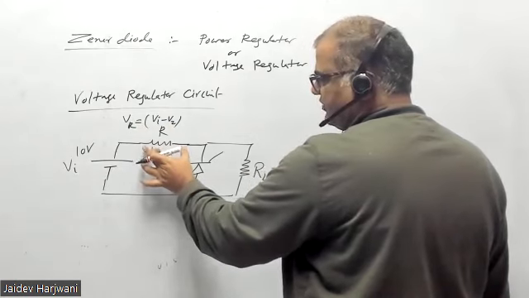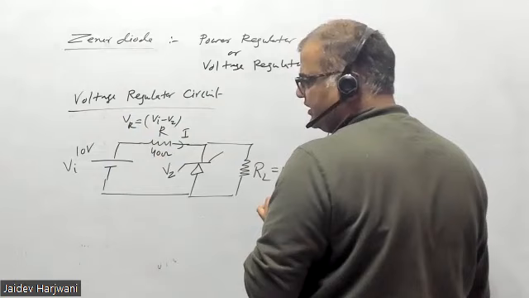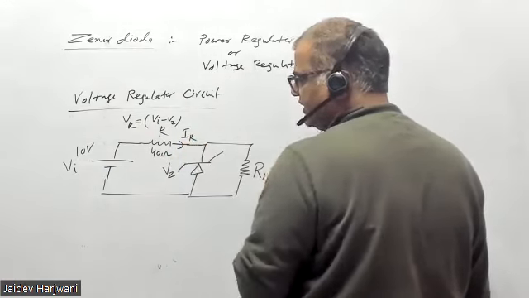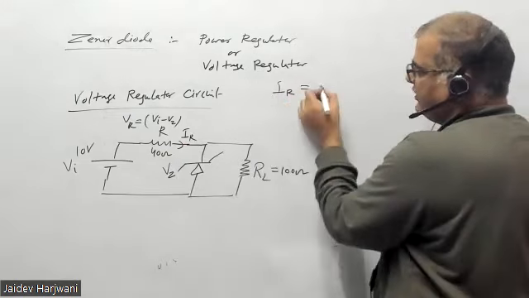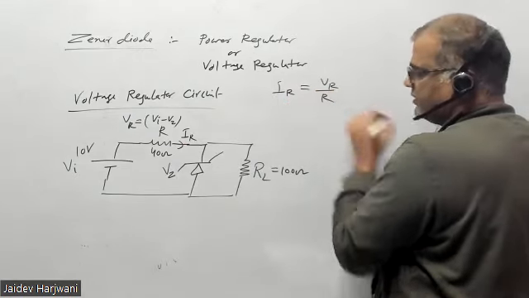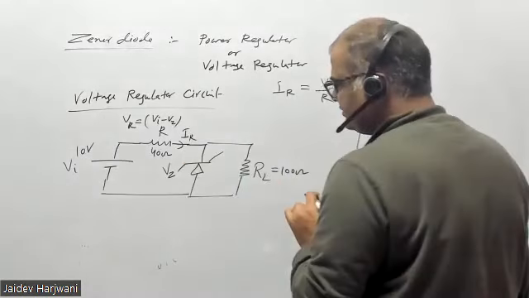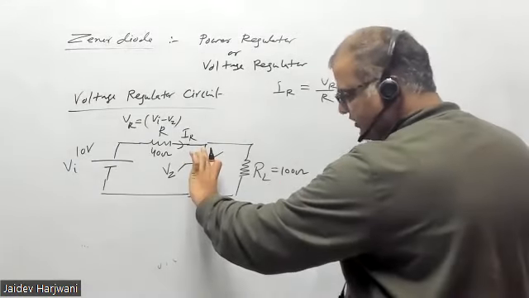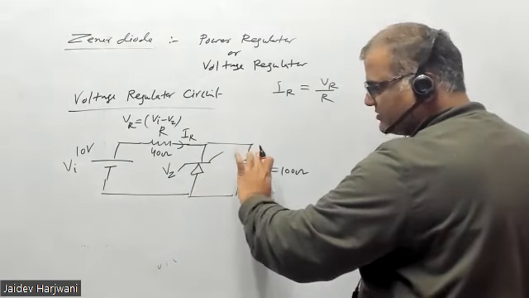Once you know this, you automatically know how much current is flowing, IR. IR will be VR upon R. Now you know this IR. This voltage is fixed, and it is parallel to the load, and the load is also fixed.